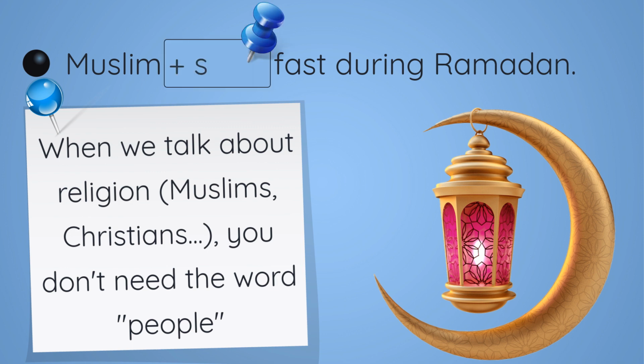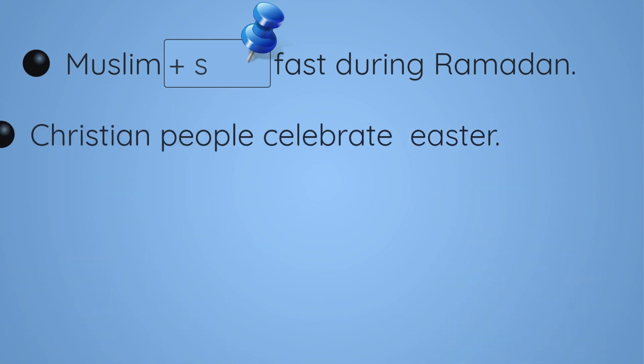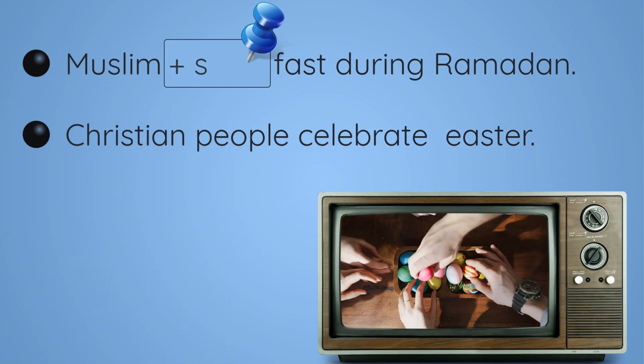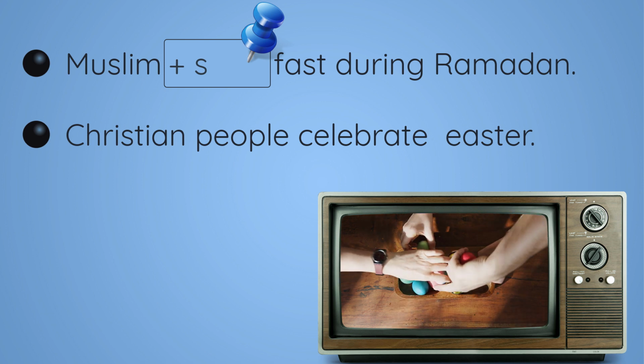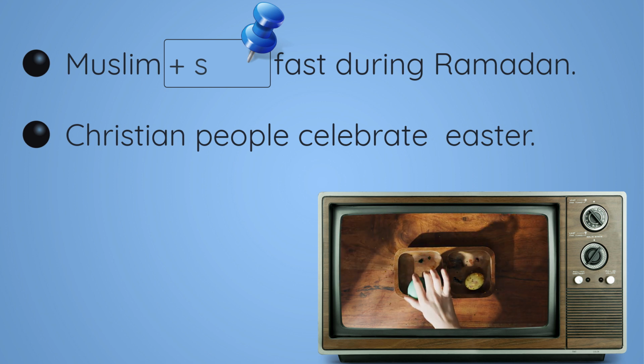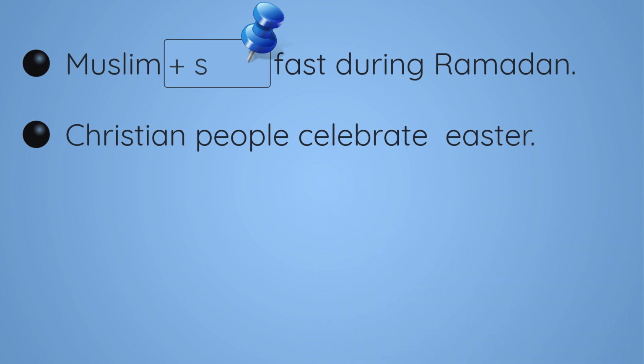We could just change this to Muslims. Here is another example. Christian people celebrate Easter. How can we fix this sentence? We can get rid of the word people and just add an S.